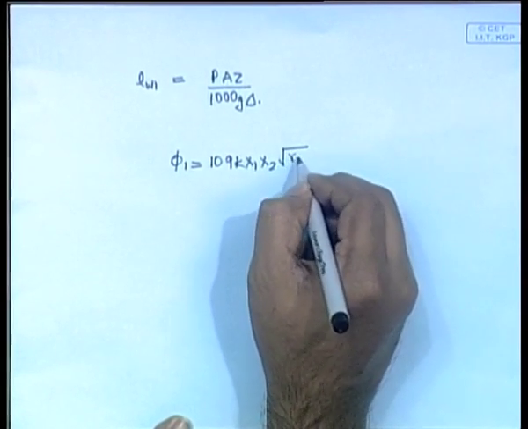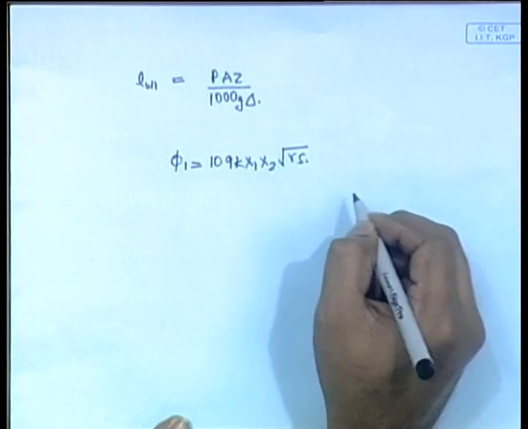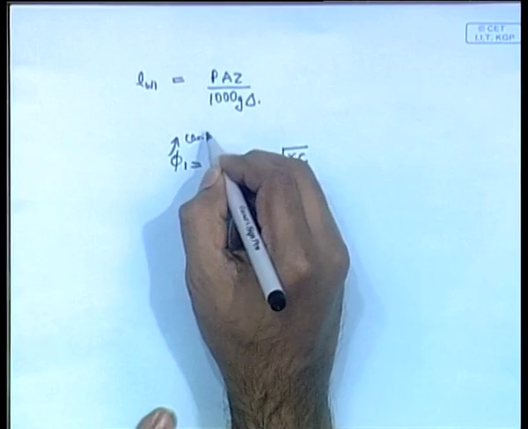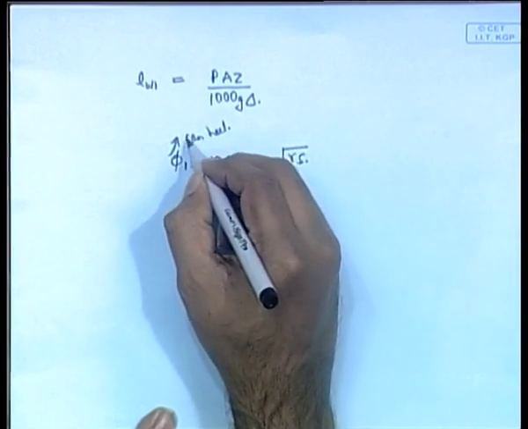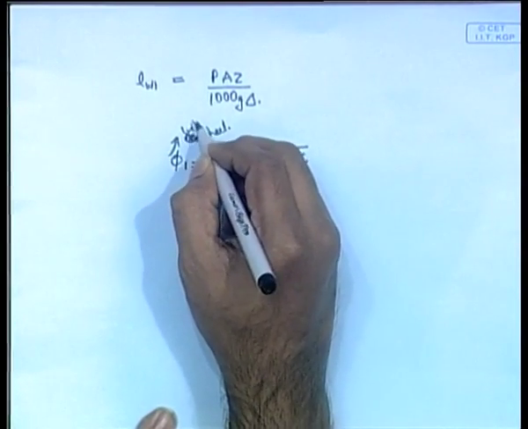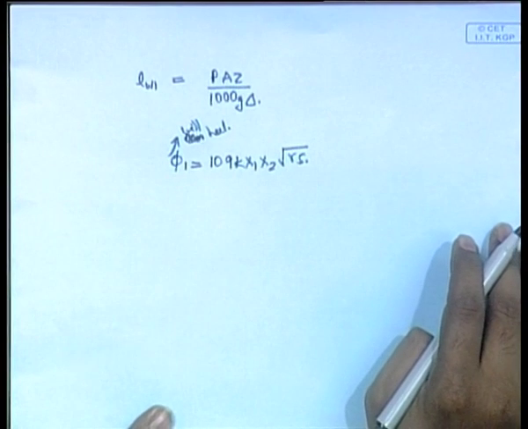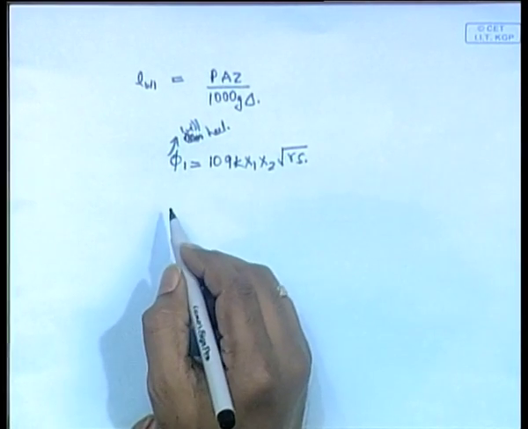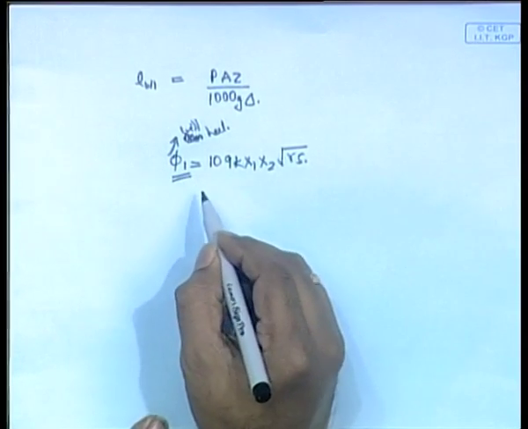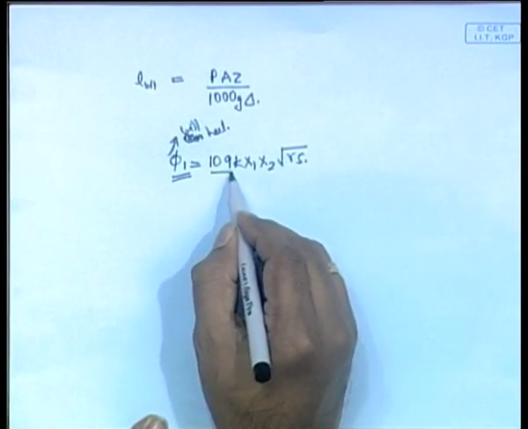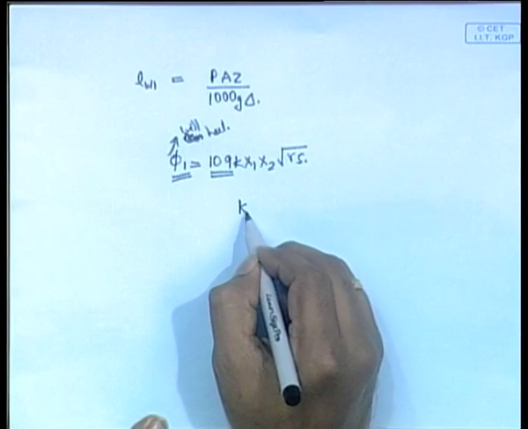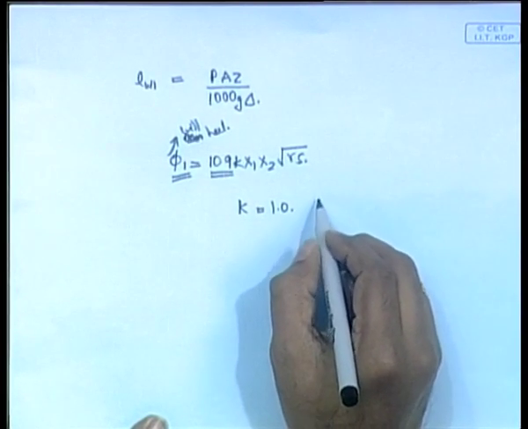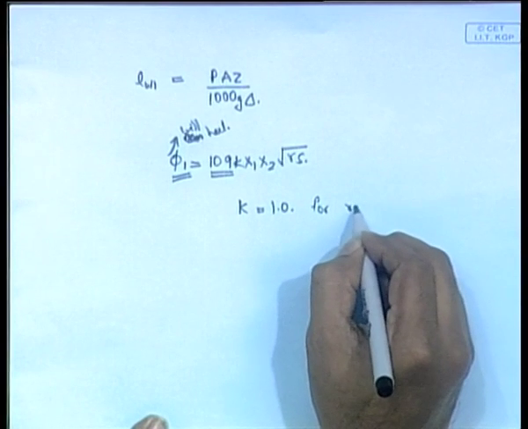This is the basic formula for the amount to which the ship will heel, provided the ship is subjected to a wind. 109 is a constant. K has some values depending upon the type of ship. For instance, K equals 1 for round bilge ships.